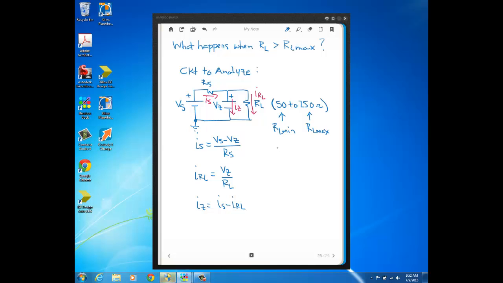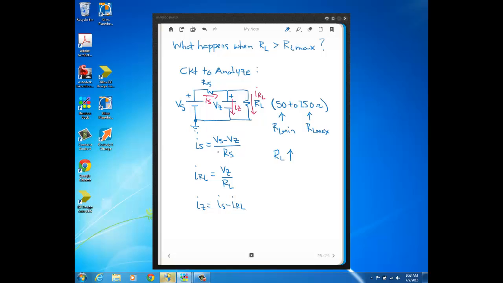Now, let's think about what happens when RL increases, because that's what we're looking at here, what's going to happen when RL is greater than RLmax. So RL is increasing here, past the value 250 ohms. So let's see what happens to these currents as RL increases. Well, IS is just going to remain the same.